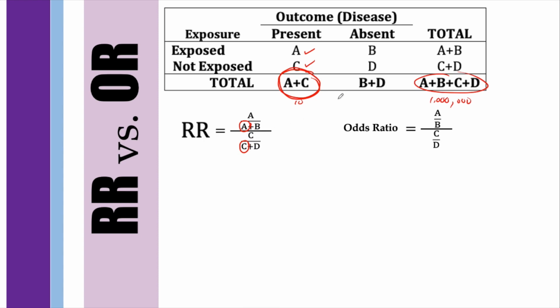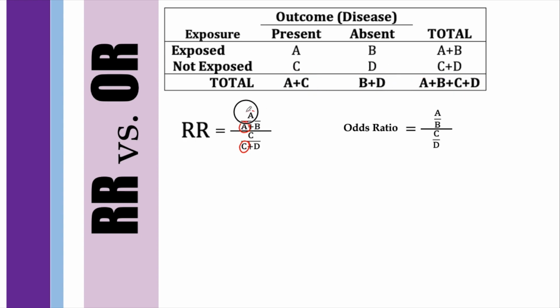And in contrast, when A and C are very low, since this is just 10 and this is 1 million, we are sure that these values are very large. So B and D here are large values, while A and C are small values.